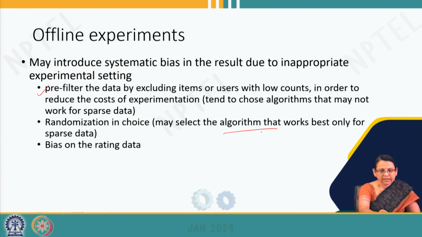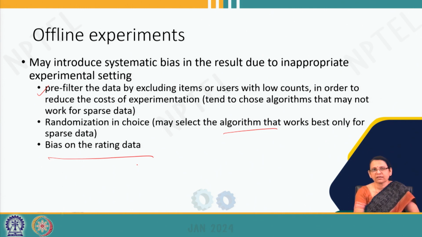Then when you are talking about this offline data, this user's bias which we have discussed at length during our discussion on model based collaborative filtering, if you do not take care of this bias, probably offline experiments are going to give you misleading results.